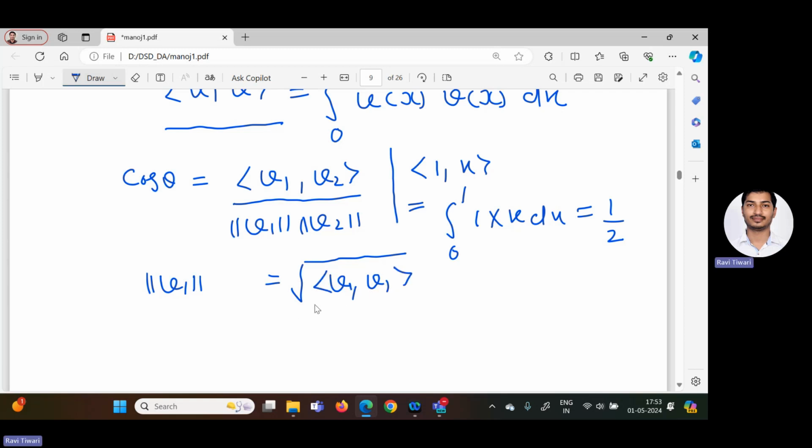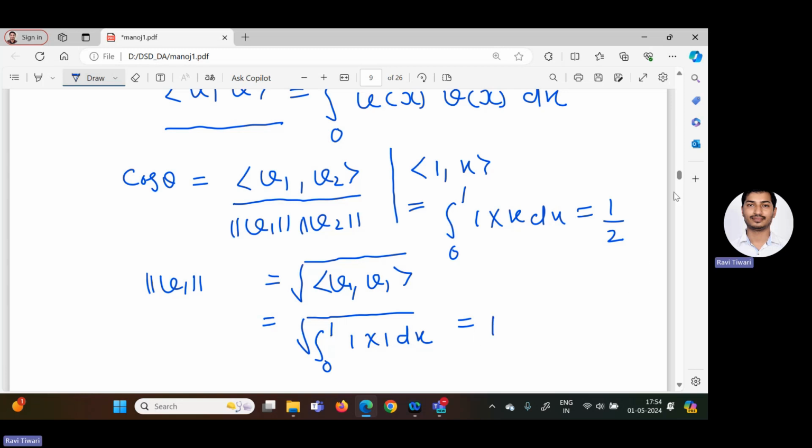So how to calculate the inner product of V1 and V1? Because this time the inner product is defined in integral form, so 0 to 1, V1 is also 1, V2 is also 1, so 1 into dx. This equals the integral of 1, which we know is x, and when you put the upper limit, we get 1.